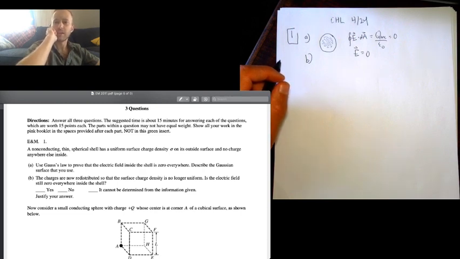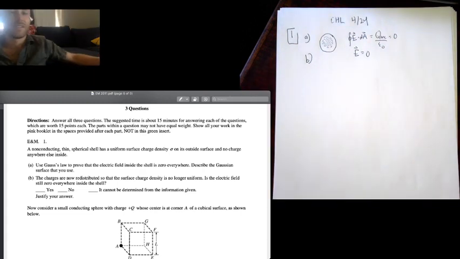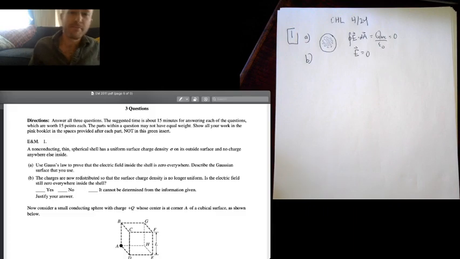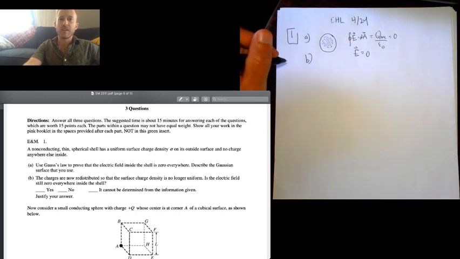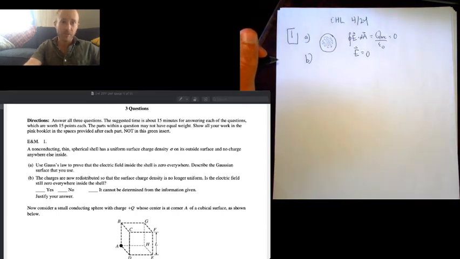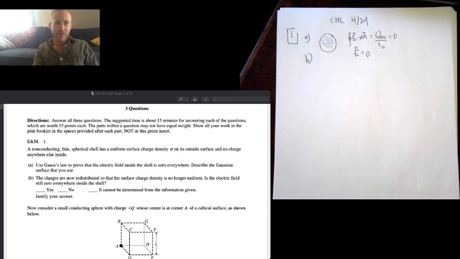So it kind of depends. I think this is a really bad question because it doesn't say how it is redistributed.